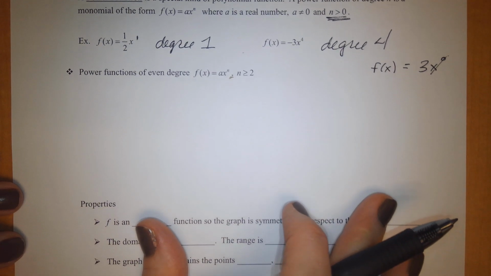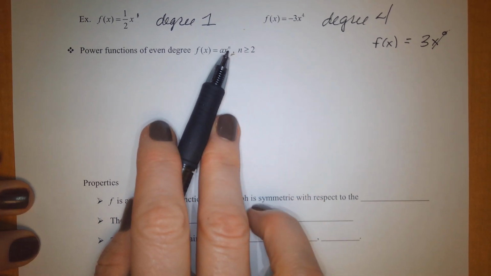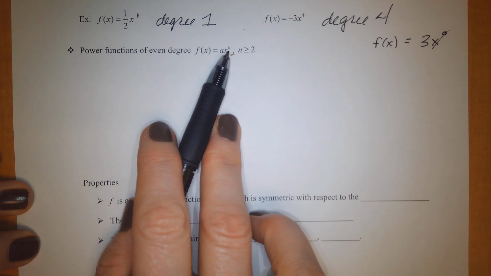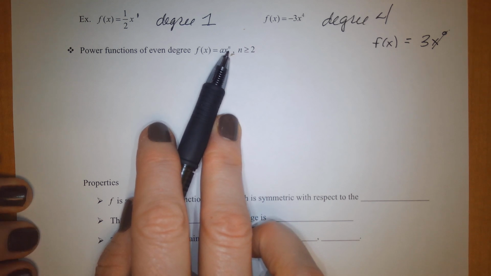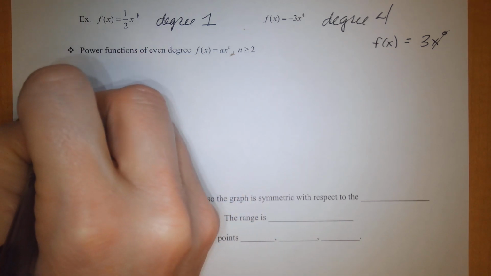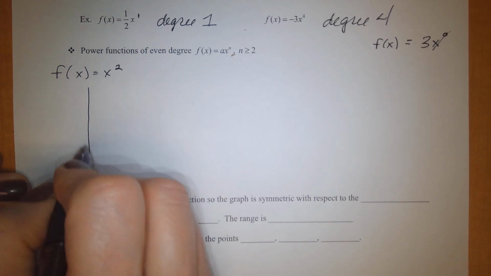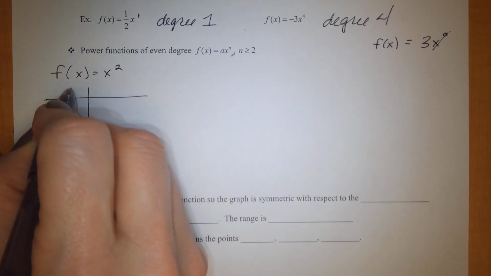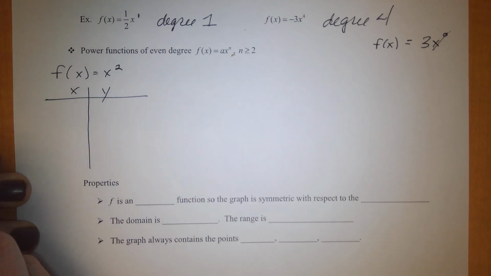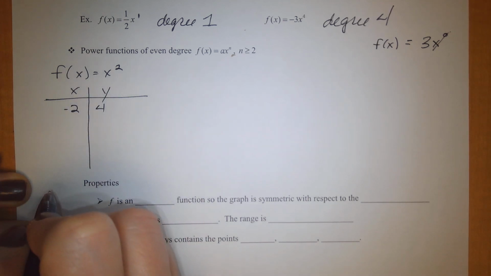So power functions of an even degree will have n, which is a number that is 2 or 4 or 6, or basically any even integer. An example of an even degree power function we could graph: we already know what the x squared graph looks like, but let's go ahead and graph it again using a table. If we square negative 2, we get 4.